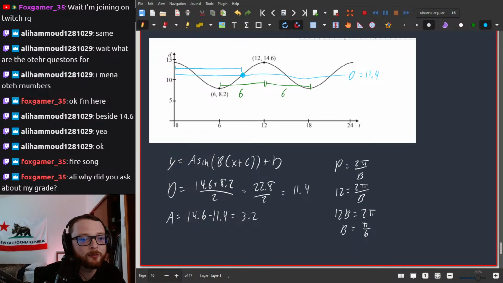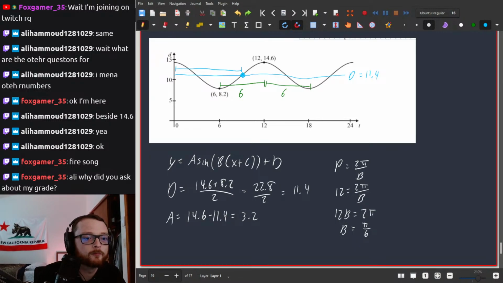The thing is, we don't know exactly, we need the x value for this point, and we're not given it. But we can use the same type of logic as we did down here. And actually, I shouldn't have deleted that. We know this point is halfway between this 6 and this 12. So halfway between 6 and 12 is going to be 9.